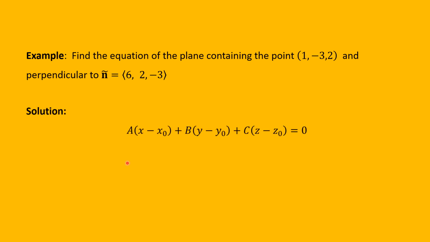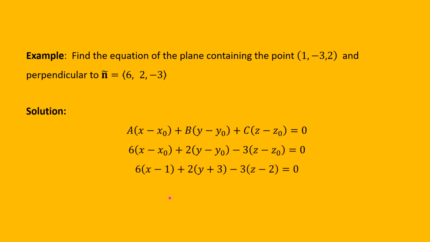Our solution is first, here's the equation of the plane that we saw before in a general form. And a, b, and c, the components of our normal vector, are 6, 2, and minus 3. The x naught, y naught, and z naught values are the values of this point here, which is 1, 3, minus 2. So what we'll have in that case is this will be x minus 1.